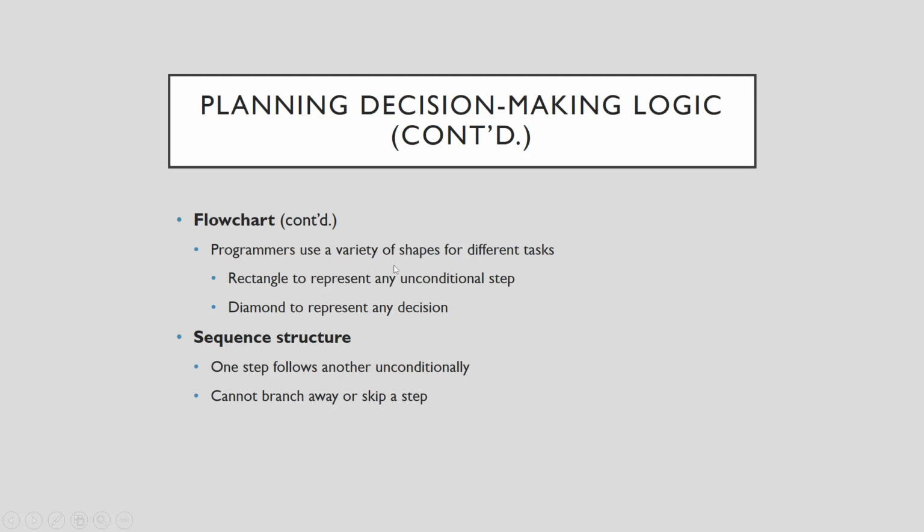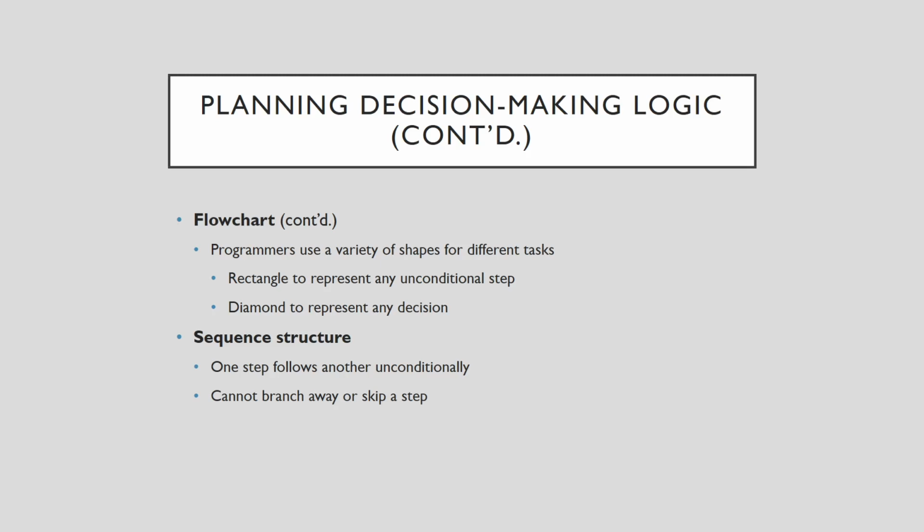Like for the basic input and output, we have the parallelogram, the rectangle, or square, for the process. And for connecting the flow, we have the arrow. And of course, the terminal, which shows the start and end of the program.